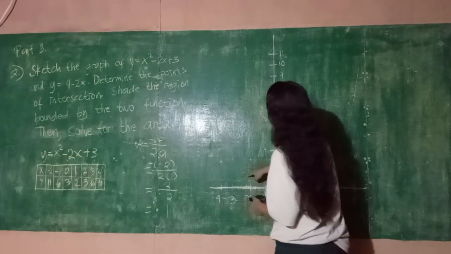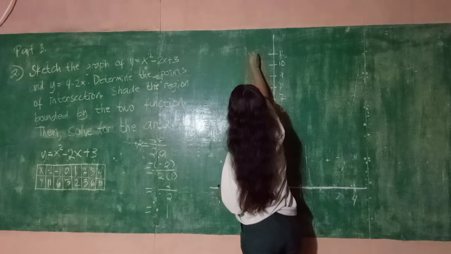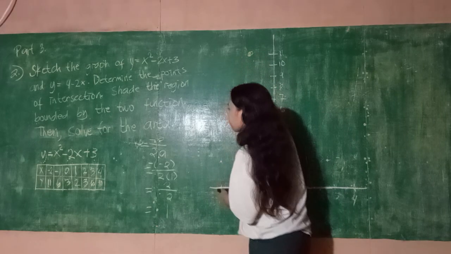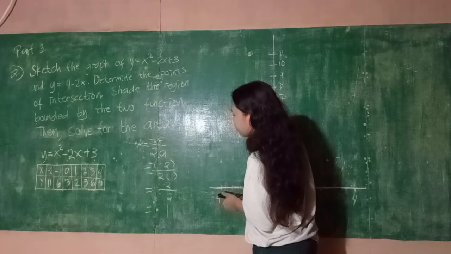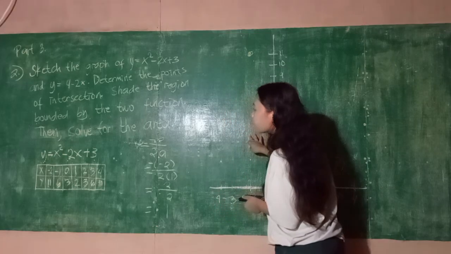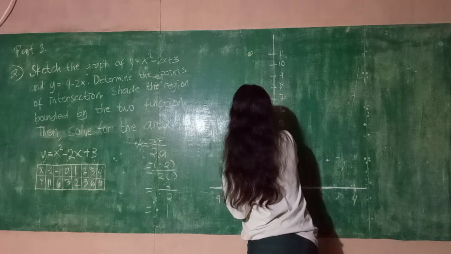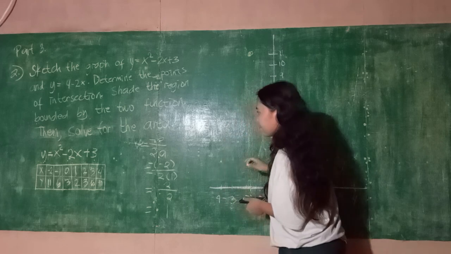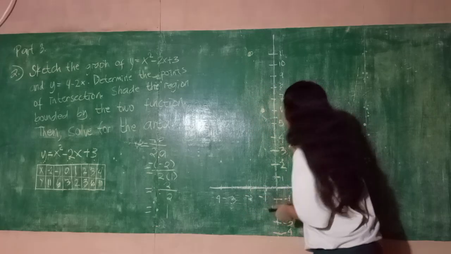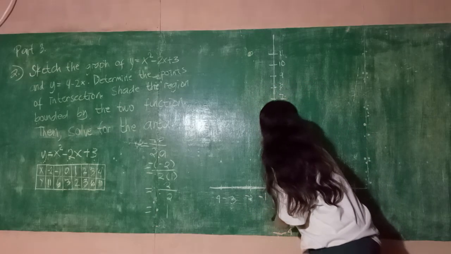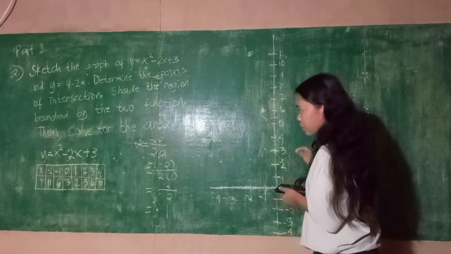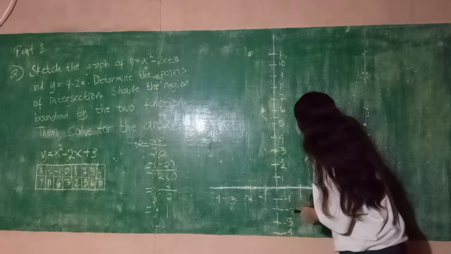And now we can plot our coordinates on the Cartesian plane. If x is negative 2, y is 11. If x is negative 1, y is 6. If x is 0, then y is 3. Then if x is 1, y is 2.